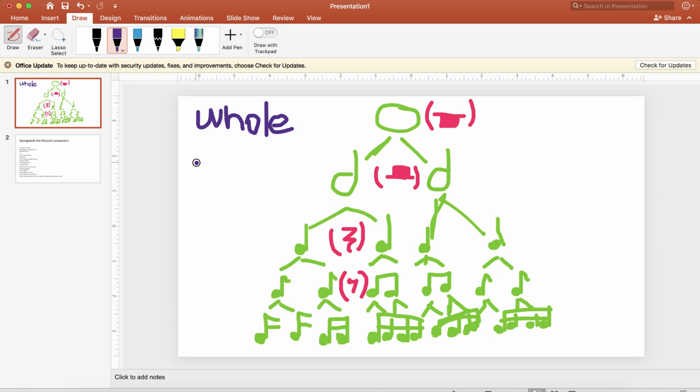So we have our whole notes, our half notes, which are not colored in but have a stem, our quarter notes, our eighth notes.